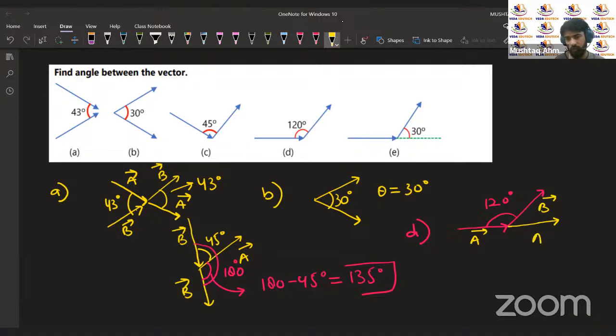So this is vector A once again. If this is 120 degree, the complete angle on a line is 180 degrees, so this angle must be 60 degree. The angle between the two vectors here is 60 degree. In the same manner, if I shift this vector in this direction like this, you can clearly see that the angle theta here is 30 degree. So they are making 30 degree angle.